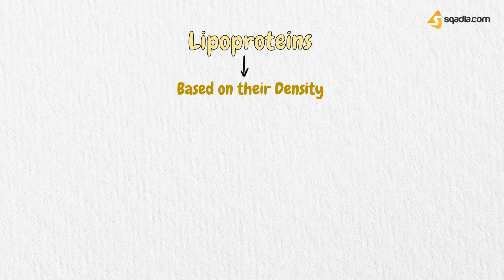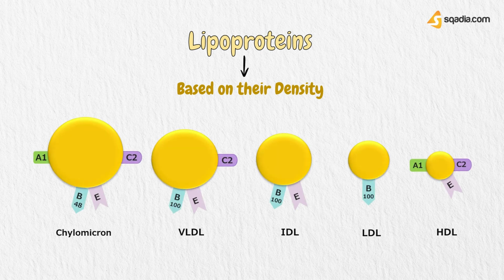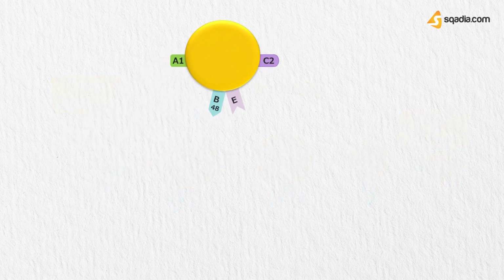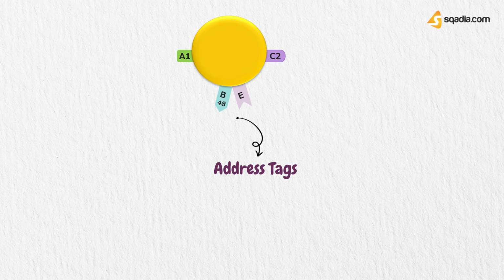Because lipids are lighter than proteins, particles that contain more lipids are larger in size but have a lower density. Different types of lipoproteins have different sets of proteins on their surface. These proteins serve as address tags, determining the destination and hence function of each lipoprotein.